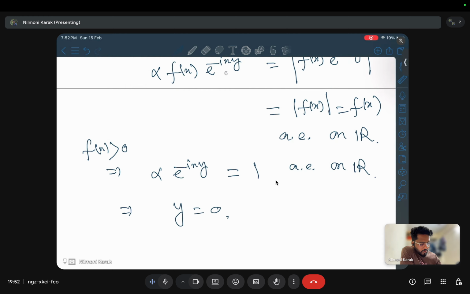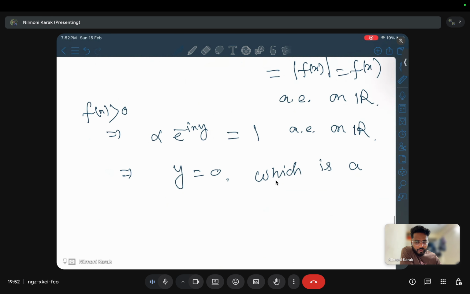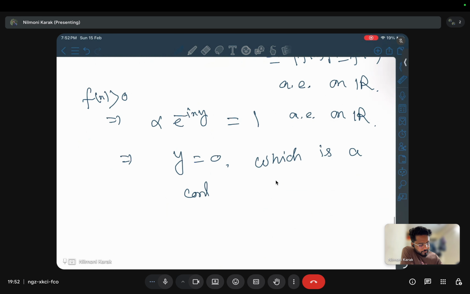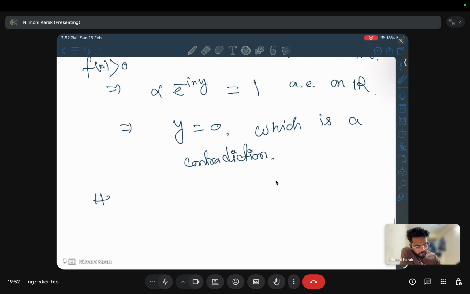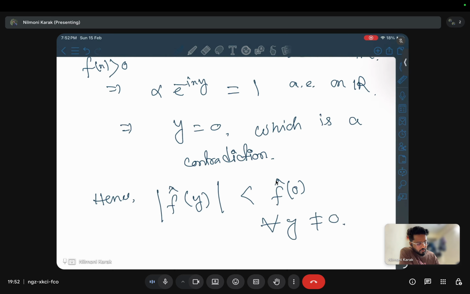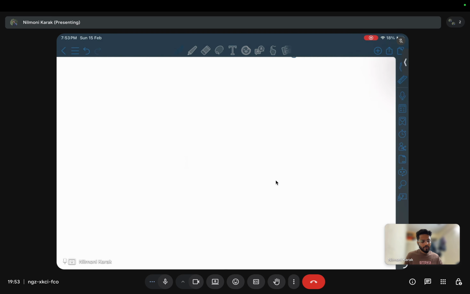But we assumed y not equal to 0, which is a contradiction. Okay, so hence our assumption is wrong, so that the inequality is strict for all y not equal to 0. It is done.